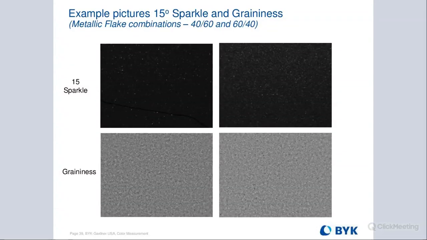And on the top for the Sparkle 15, you can really see a difference in those 2 pictures, hopefully on your screen also. And that's what the instrument is using to get the numbers for sparkle and graininess. The bottom is an example of graininess, and you can also see a difference there.